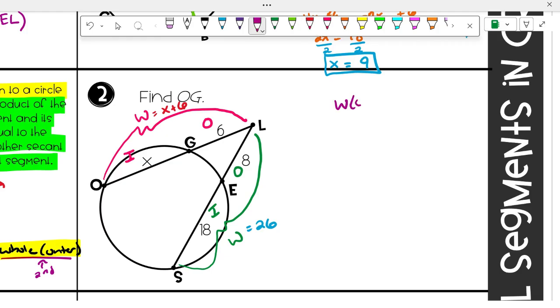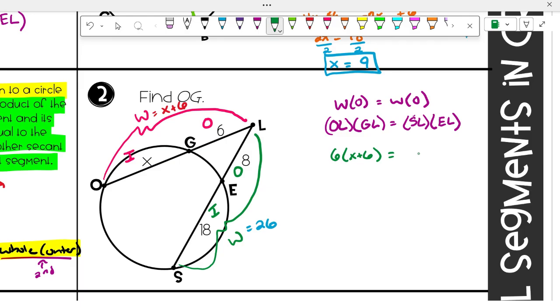If we're going to do whole times outer is equal to whole times outer, that means I'm multiplying the length of OL by the length of GL, and the length of SL by the length of EL, and setting them equal to each other. So this will be 6 times (x plus 6) is equal to 26 times 8. Now I have my equation so I can solve.